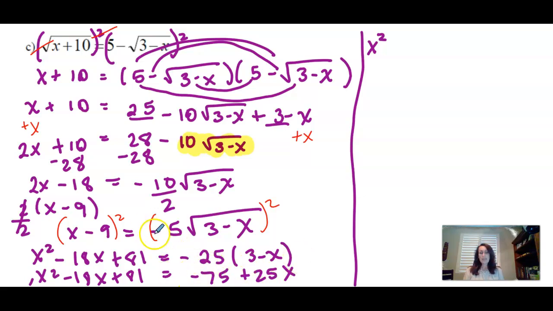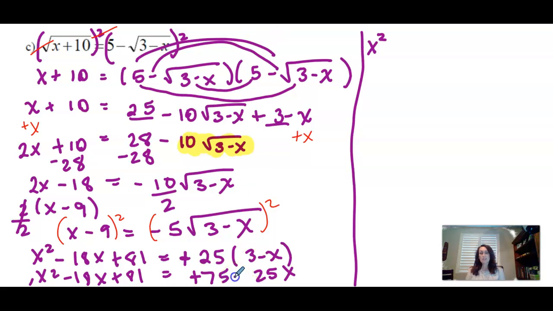Oh, do you know what? A negative times a negative here should be a plus 25. So you got to square the negative. My bad on that. So square that negative. That's a plus 75. And then 25 times negative x is negative 25. I feel like re-recording this, but I don't have time.